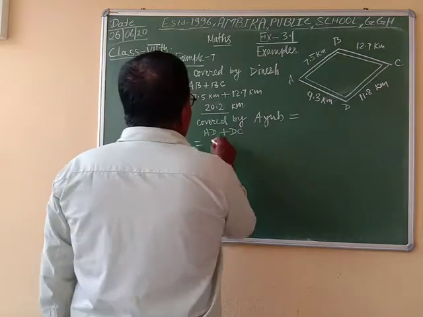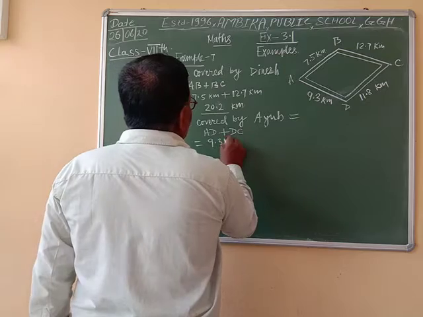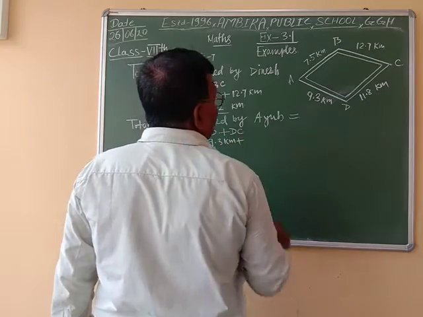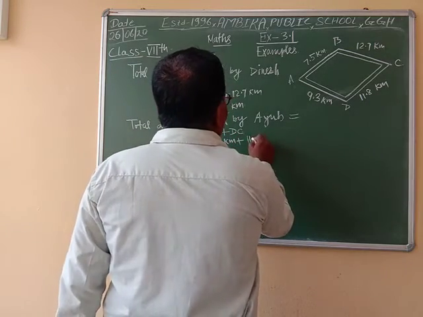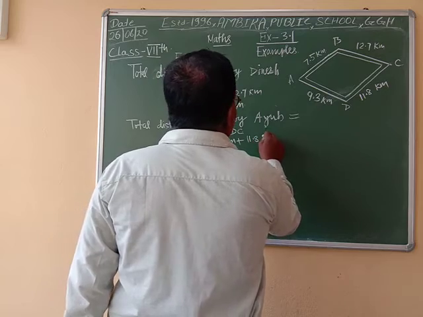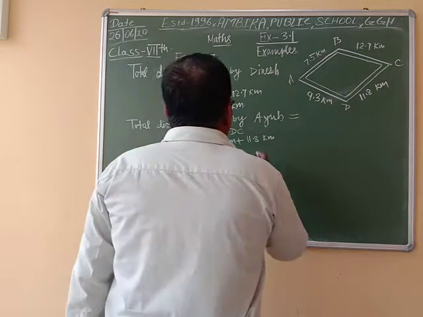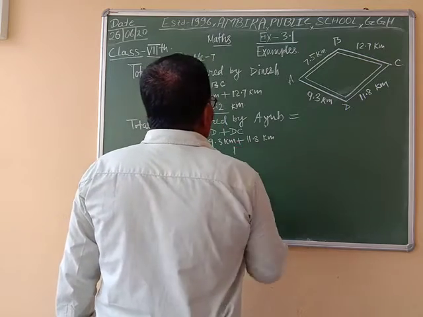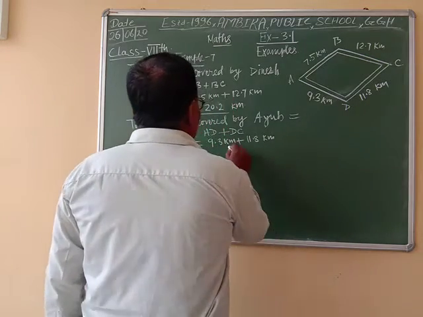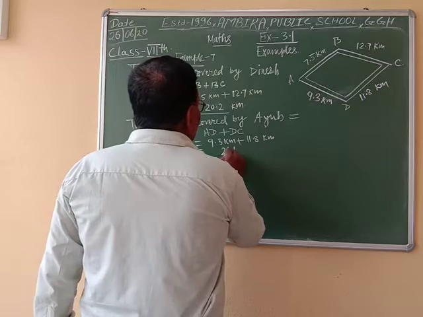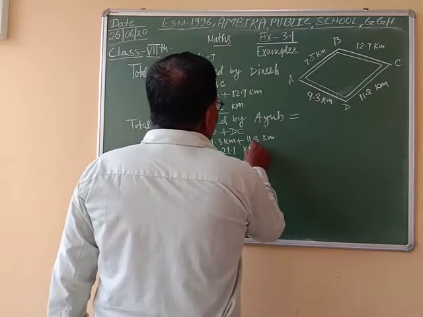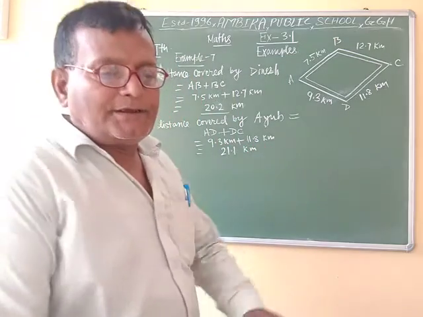AD is given 9.3 kilometer plus DC is 11.8 kilometer. Adding this distance, we have 21.1 kilometer.